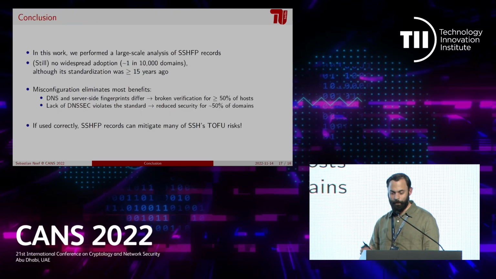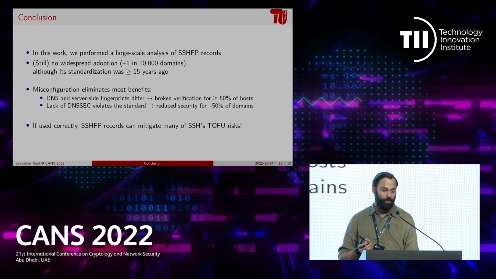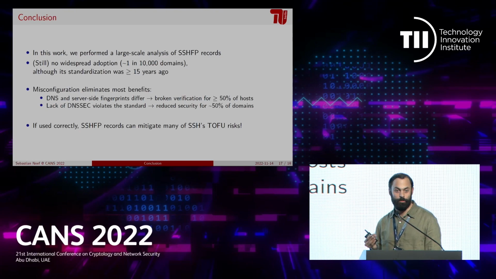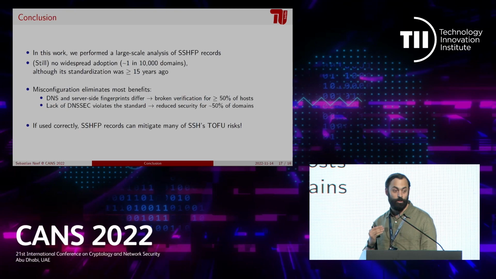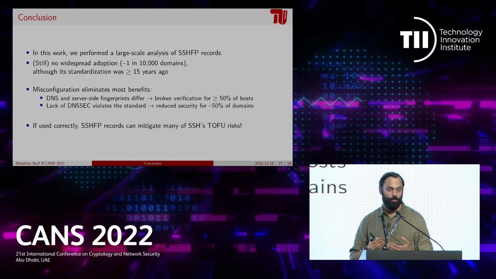So, in conclusion, we can say that we performed a large-scale analysis of those SSHFP records. We find that there's still no widespread adoption of them, although its standardization was more than 15 years ago. We find a lot of misconfiguration that eliminates all the benefits that those record types promise. For example, when there's no match, we cannot do the validation and the user is forced to go back to manual verification.